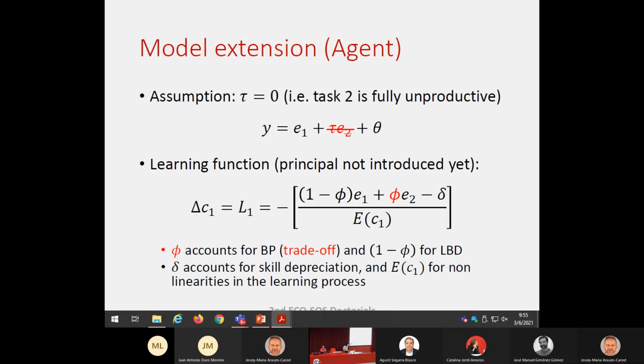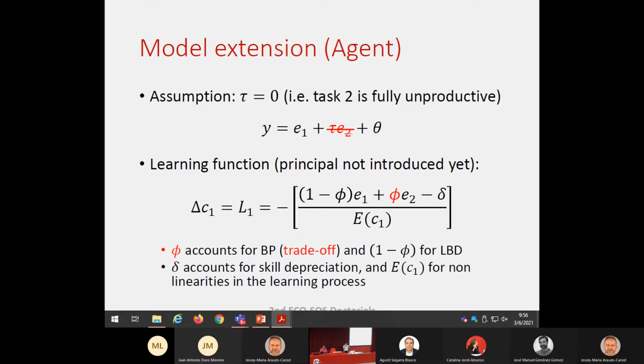Then the phi parameter is the weight that the other task has on learning for the productive task, since we have defined that the second task is unproductive. The first task is the one that contributes to production. Then the higher phi is, the higher the trade-off between producing or learning. If phi is lower and closer to 0, then it's like a learning by doing model, because you learn the first task specific ability just by exerting effort on this first task. Okay?